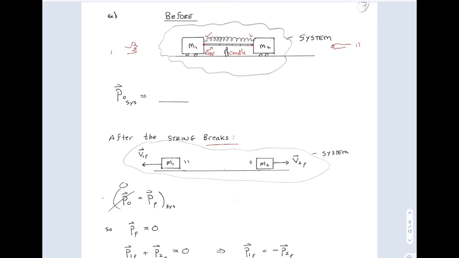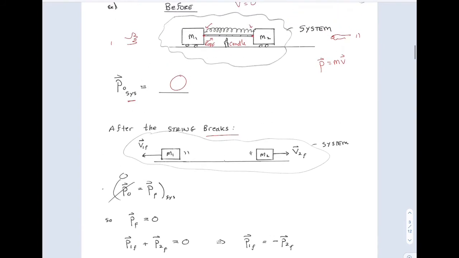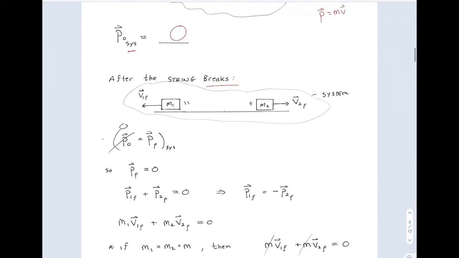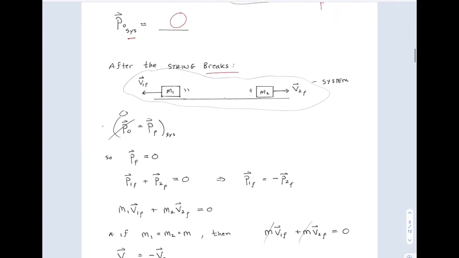Remember, momentum is mv. So here I ask, what's the initial momentum of the system? Well, the system's not moving, so the initial momentum is 0. After the candle burns the string, these things break apart. What happens to the momentum?